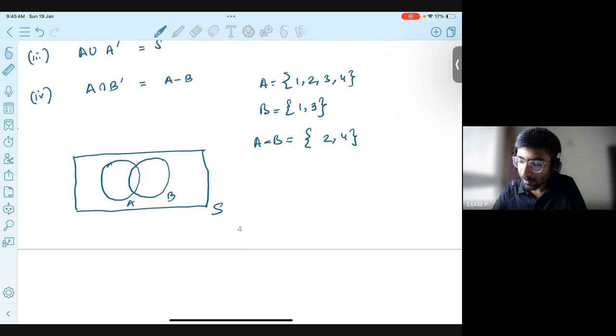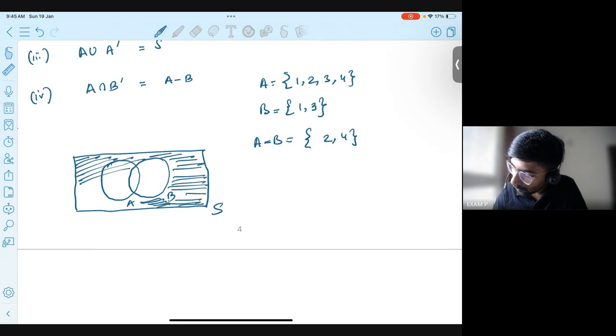B complement will be everything that is not in B, so this entire thing except the B part is B complement.